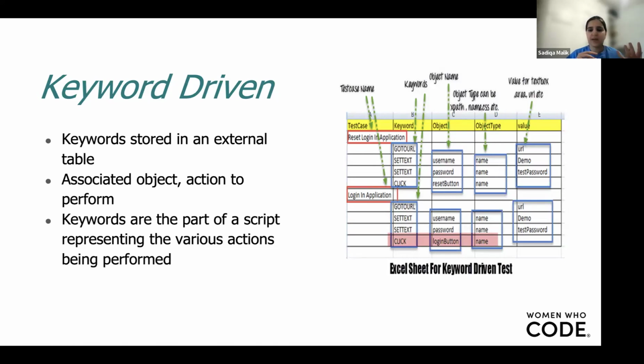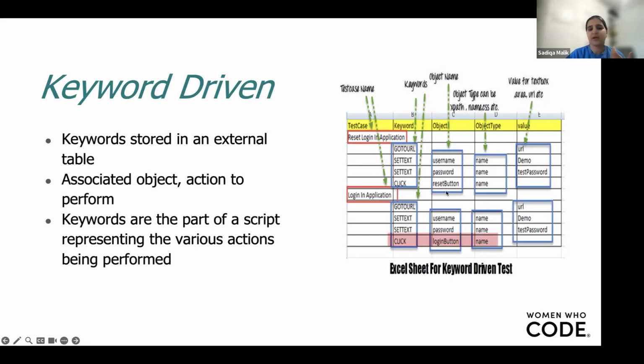Then your script in the background is going to pick the keyword for each test case and the object description and accordingly perform the action that you need to perform. So when you have set text, the keyword is going to set that particular text value, and you're passing the value in the value column as demo. Similarly in click, you're clicking the reset button.